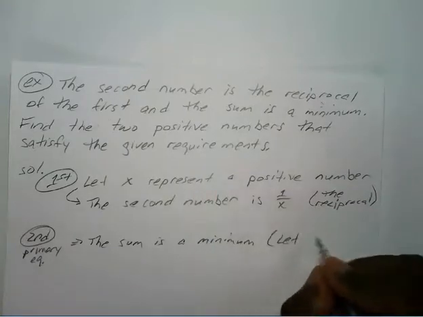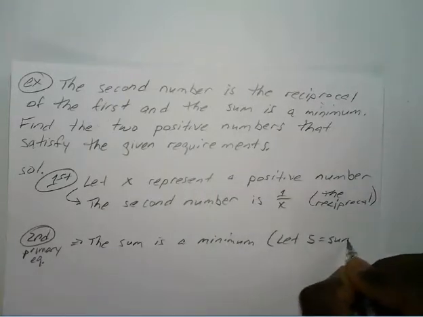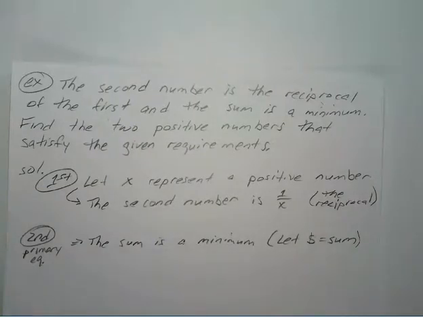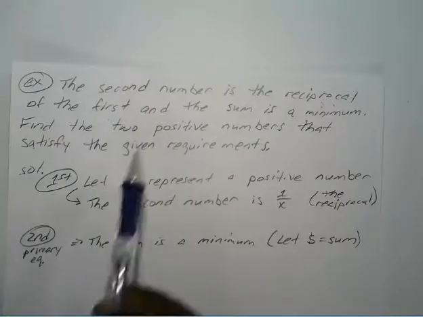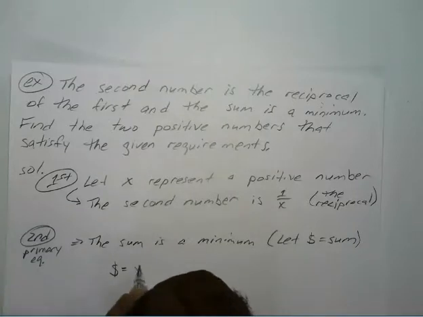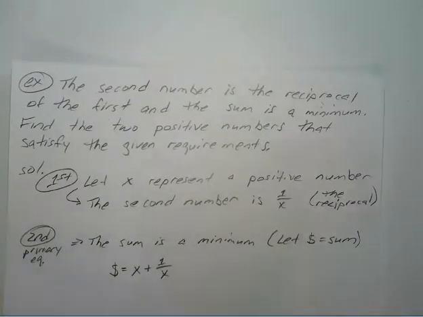So we'll let S equal the sum. If we add our first number and its reciprocal together, S is equal to x plus 1 over x. Basically they're asking what positive number would give you the smallest possible sum when added to its reciprocal. That's our primary equation.